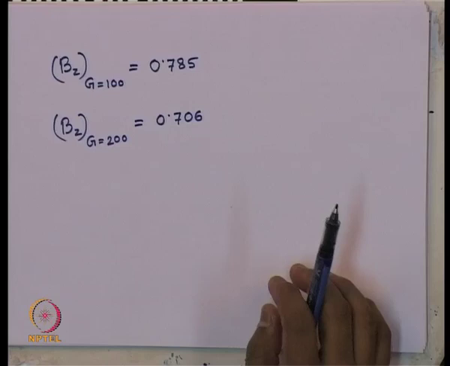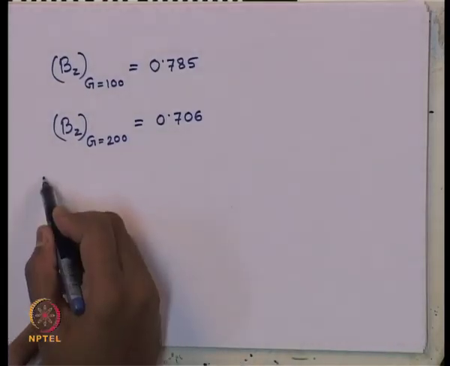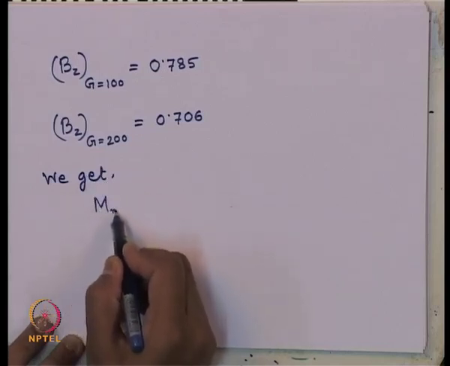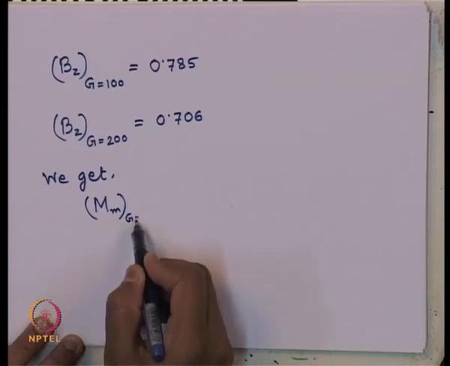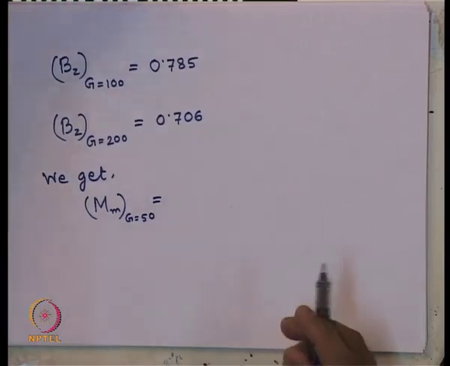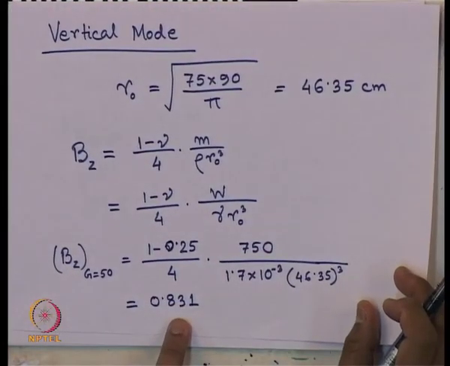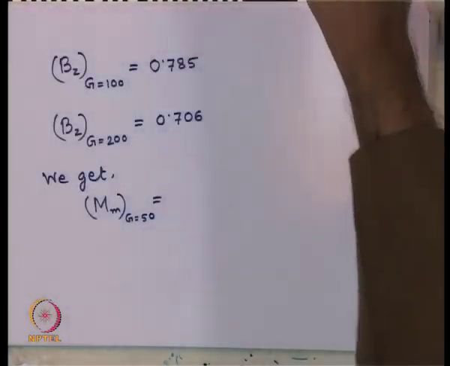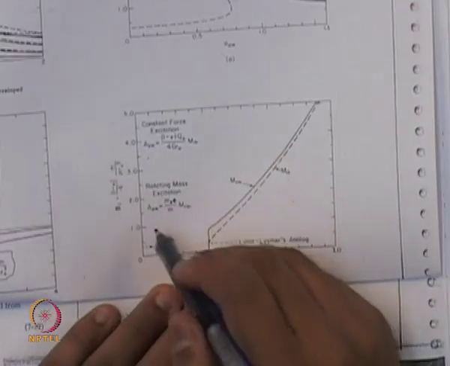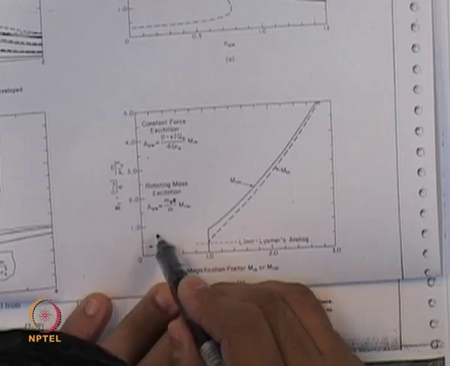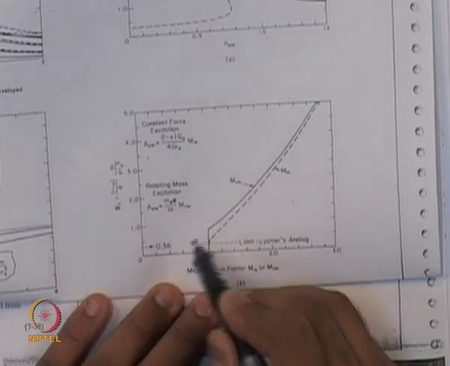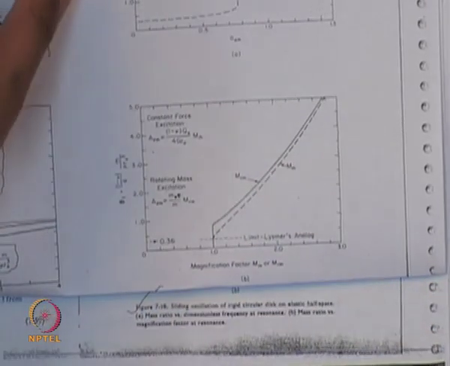So, now looking at this design chart, what we get? We get the values of Mm for G equals to 50, which I am reading for Bz value of 0.831. So, corresponding to 0.831, if we look here carefully, for 0.831 somewhere here, we bring it to this curve and drop it down, and also for Mrm.